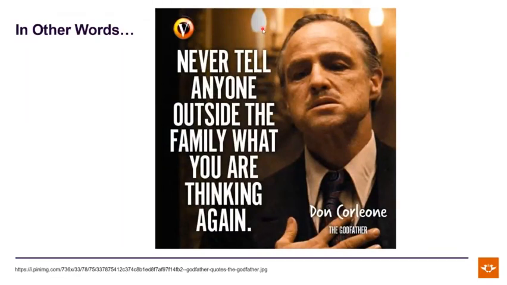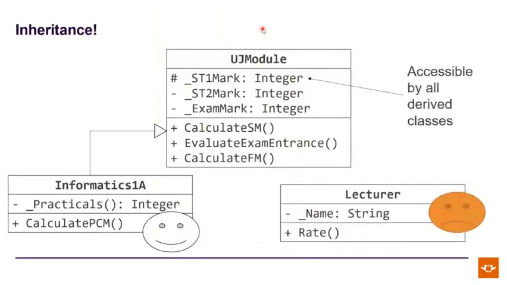So only derived classes have access to protected. With protected, it allows us to access a variable directly without going through a property method. But as a lecturer, I have no inheritance from UJ module. I do not have access to the protected variable at all.